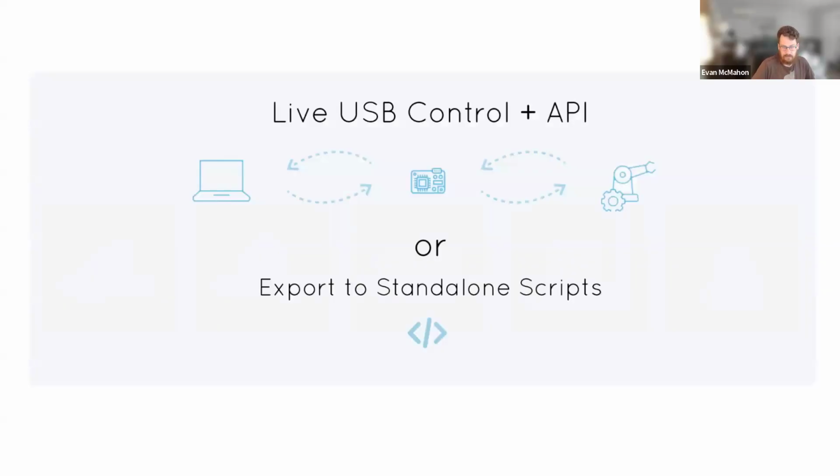You can use the application in two ways. You can do what we've been showing here so far, right? Where you've got a computer connected and running the show, and it's the show controller.